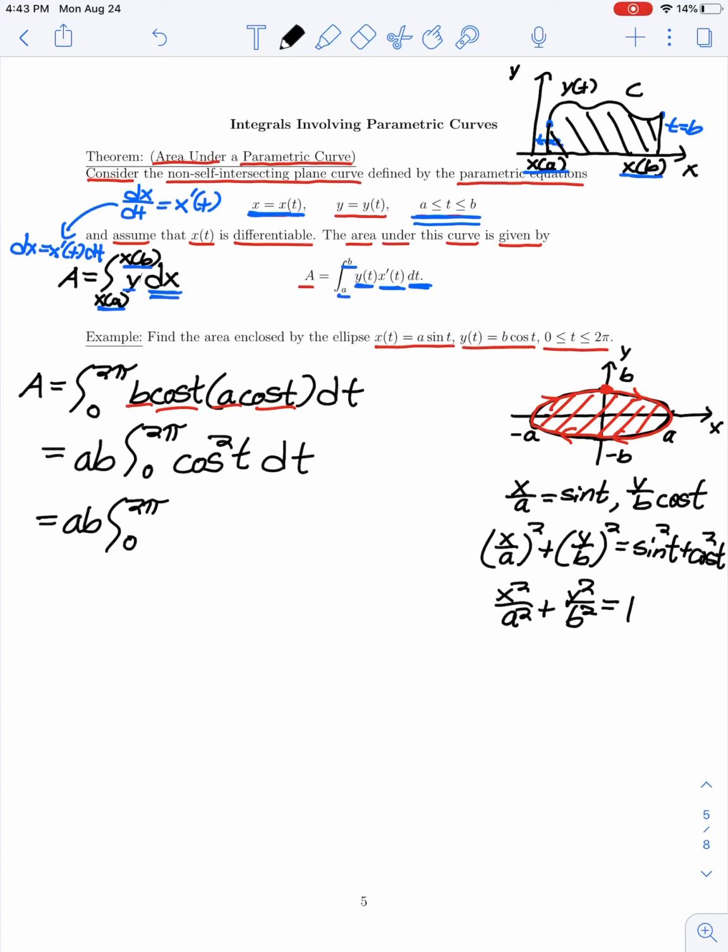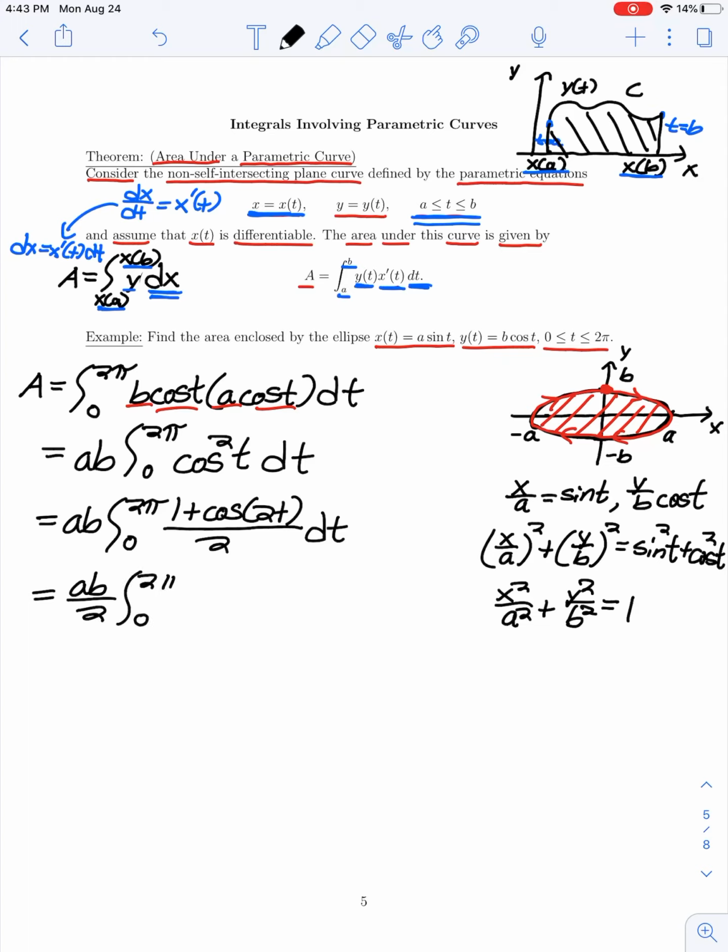Recall that we can rewrite cosine squared of t as 1 plus cosine of 2t all over 2 dt. To make my work a little easier, this division by 2 in my integrand, I can think about as multiplication by 1/2, and then pull out that constant factor 1/2 in front of my integral.